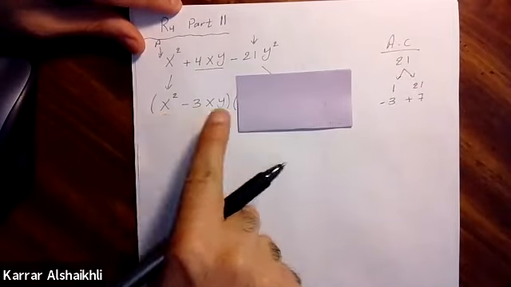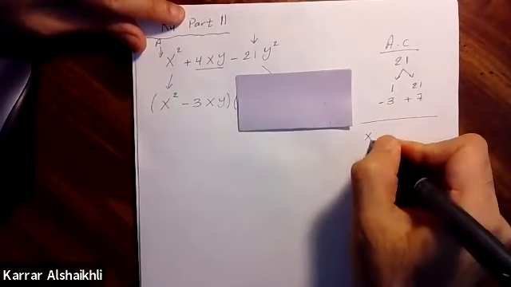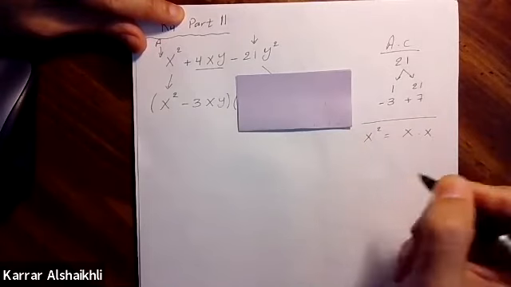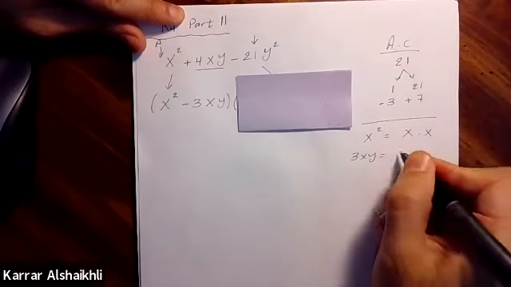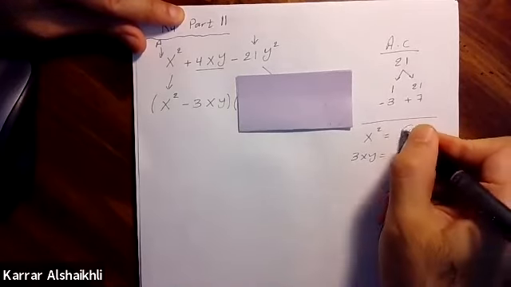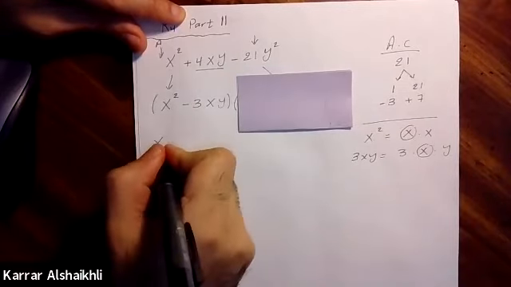You see the common is only x. If you want to do the same thing on the side, x squared means x times x, and 3xy means 3 times x times y. So the common is just x. So I'm going to take the x out.